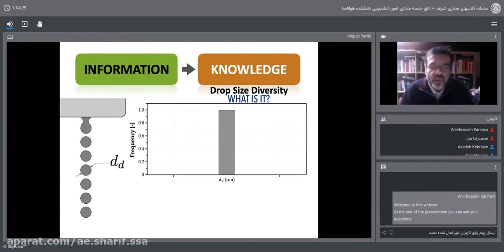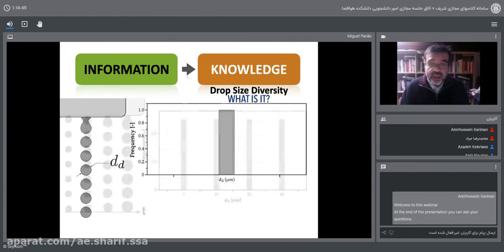So it's very important for them to have droplets of the same size. So they want to quantify what is called the spray uniformity degree. By uniformity, we mean having droplets of the same size. What is the opposite situation?